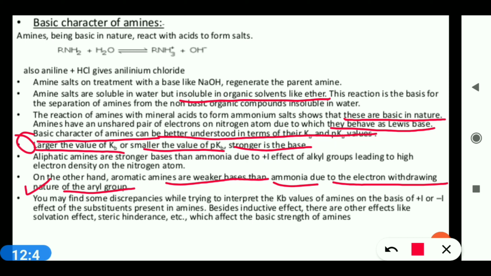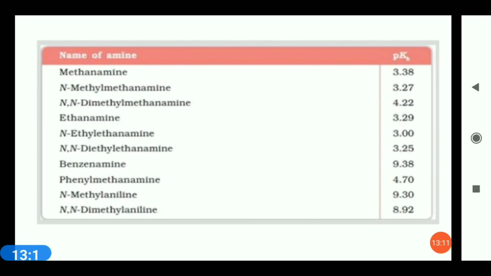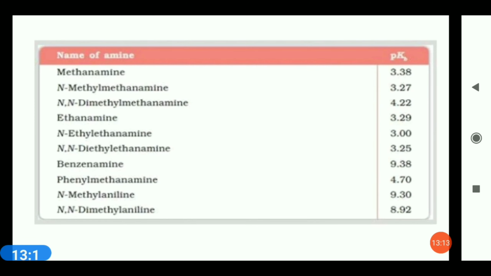You may find some discrepancies while trying to interpret the Kb values of amines on the basis of plus I or minus I effect of the substituent present in the amines. Besides inductive effect, there are other effects like solvation effect, steric hindrance, etc., which affect the basic strength of amines. Here you can see pKb values of a few amines.